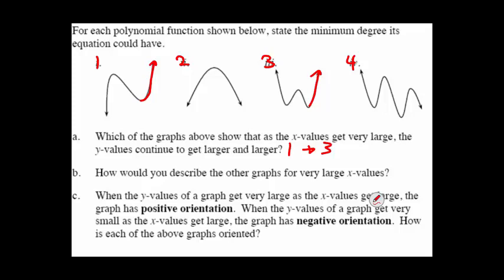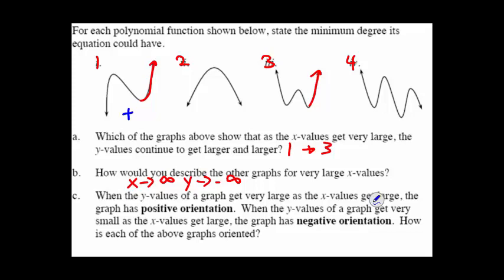So B is asking, well, how would you describe the other two? Instead of writing it out in a sentence, we can just say, as x goes to infinity, what is y doing? Well, y is getting smaller in both of those, so we'd say y goes to negative infinity. And that would be how we express that. And we've already started discussing what positive and negative orientation are, so we should be able to describe this. So looking at number 1, this is a positive orientation because it follows that pattern.